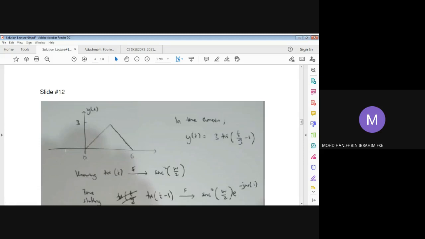Initially it is a triangular function with a duration from -1 to +1. First, we shift it by 1 unit to the right, so that will be from 0 to 2.